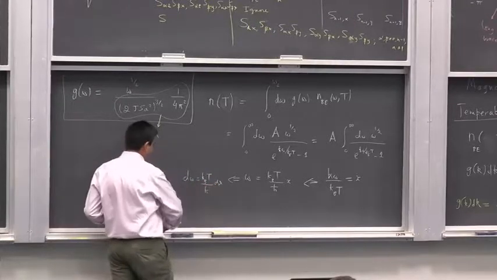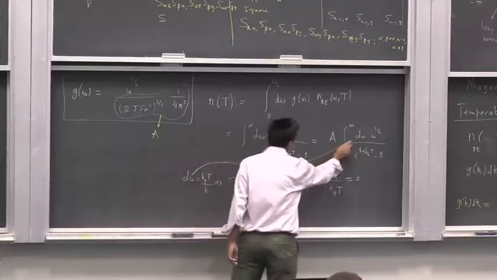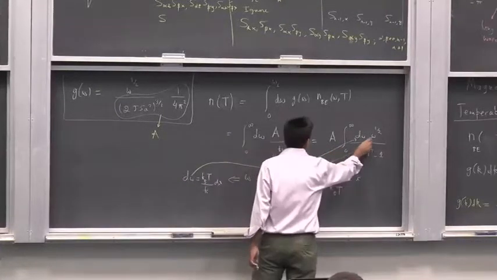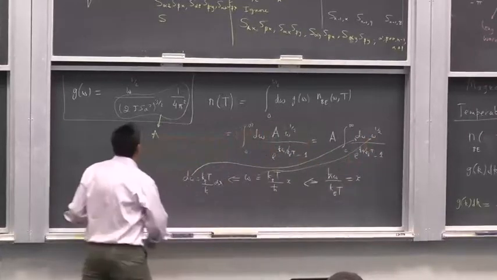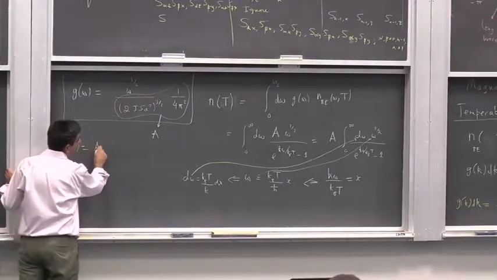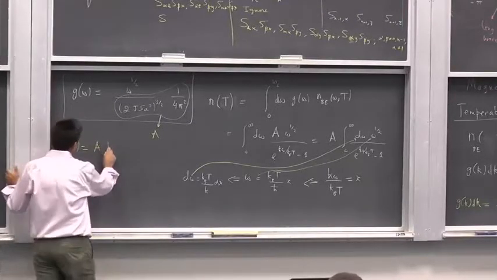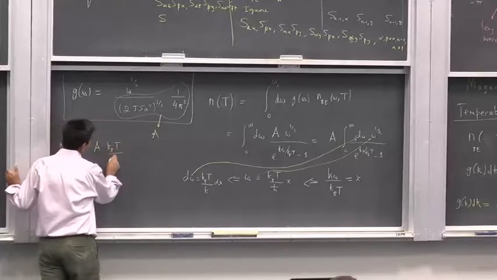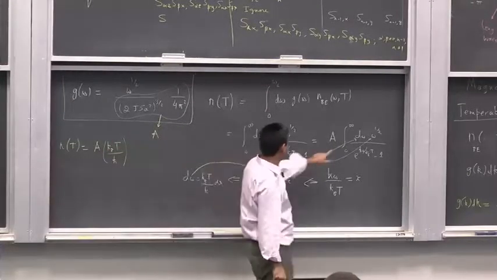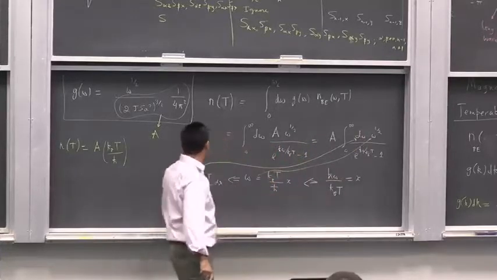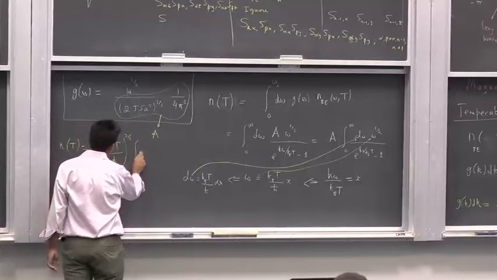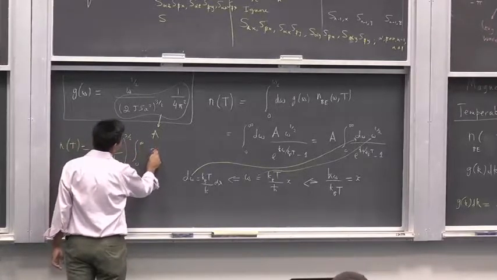Now I insert these values in here. So I get n as a function of temperature is A, d omega is kBT over h bar, but from omega raised to power 1/2, I get another 1/2 of this, so this becomes 3/2, integral from 0 to infinity of x.